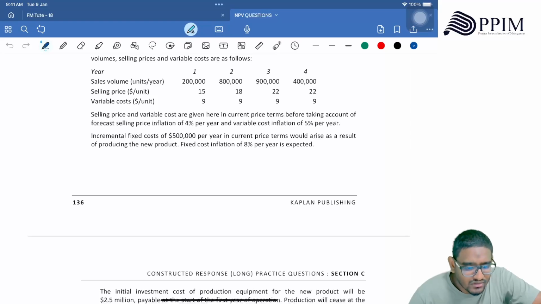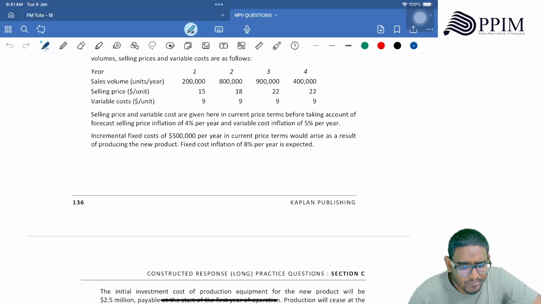Selling price and variable cost are given here in current price terms before taking account of forecast selling price inflation of 4% per year and variable cost inflation of 5% per year. Incremental fixed costs of 500,000 per year in current price terms would arise as a result of producing the new product. Fixed cost inflation of 8% per year is expected.